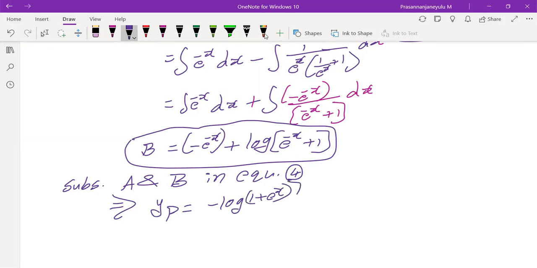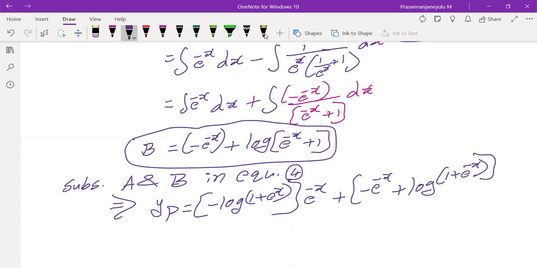What is u of x? e power minus x. Plus B into, what is the B value? Minus e power minus x plus log of 1 plus e power minus x, or e power minus x plus 1, into v of x. What is v of x? v of x is e power plus x.